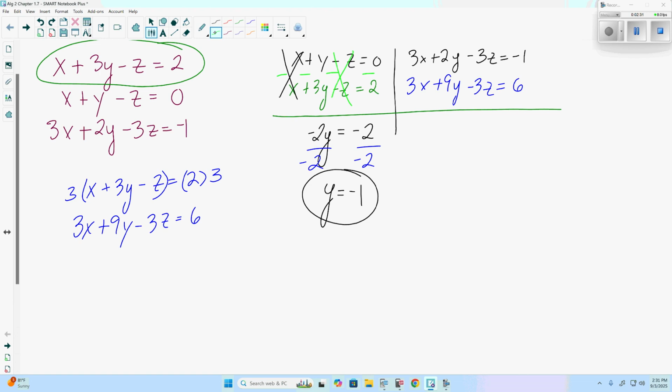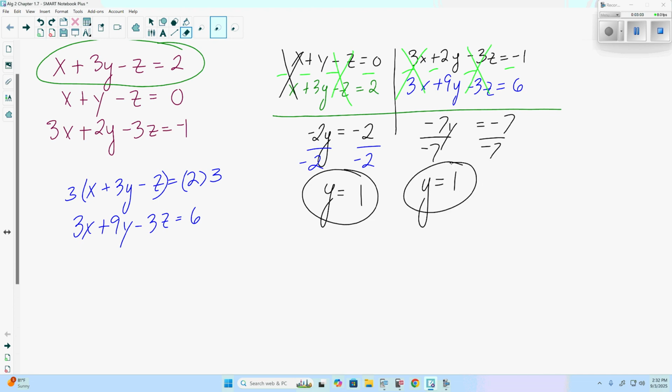And again, just like with the other equation, we're going to subtract, because -3z minus -3z would be 0. Incidentally, 3x minus 3x is also 0. 2y minus 9y is -7y. And this is equal to, let's see here. I have that wrong. It should be +1. Divide both sides by -7, and y is 1.